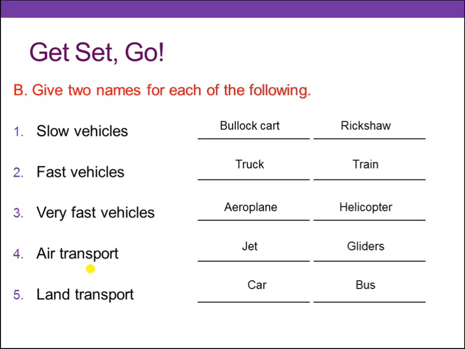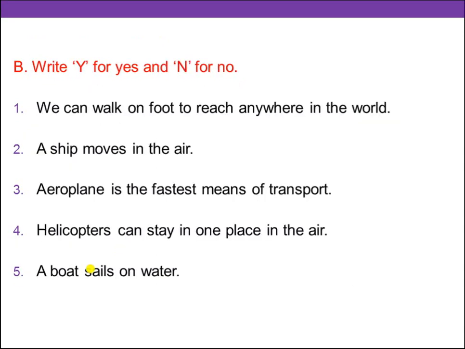Understand? Yes. Next, let's move on to the B part. In this, you are going to write Y for yes and N for no. Okay. See the first one. We can walk on foot to reach anywhere in the world. Is it possible to go by walk to any place in the world?